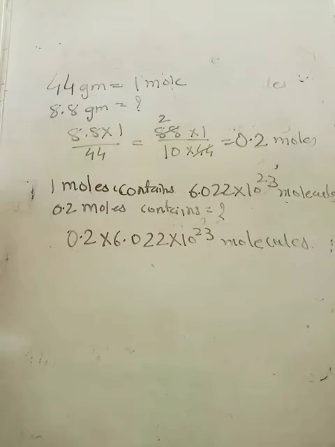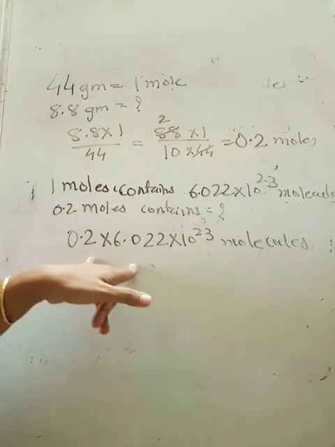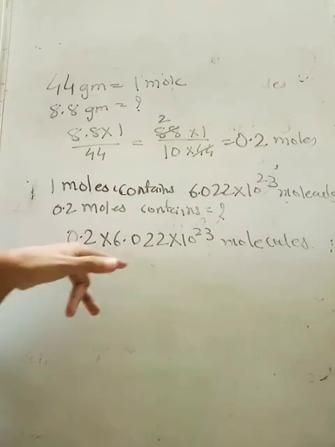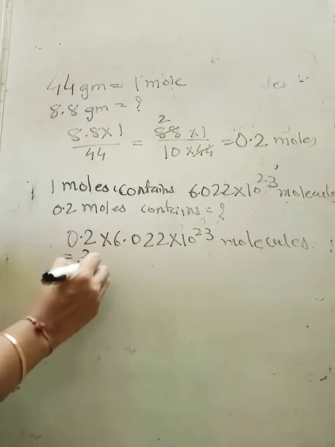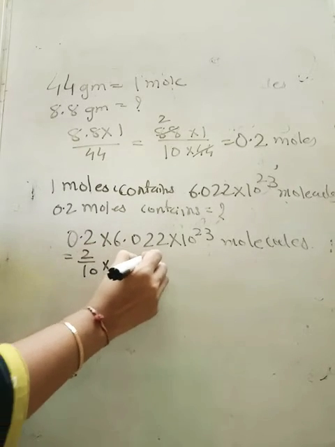Now let us go towards the next sum. 7.1 grams of chlorine. If you can solve it further, you can solve it, no problem in that. Okay, just double ही करना है, कोई difficult नहीं है. 2/10 है ना, तो मैं दिखा देती हूँ.